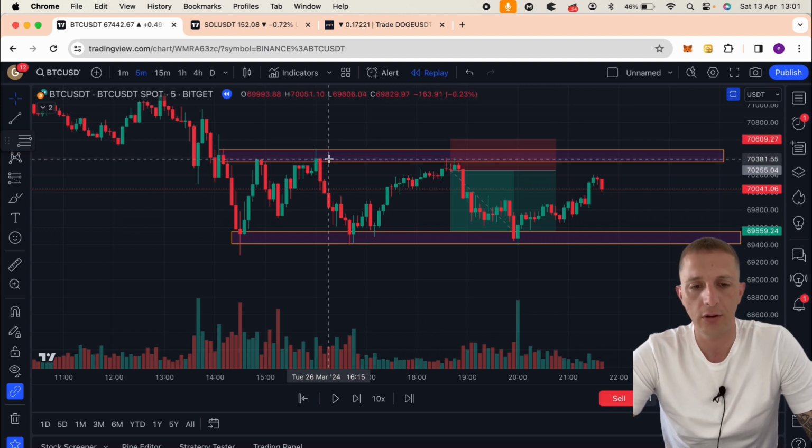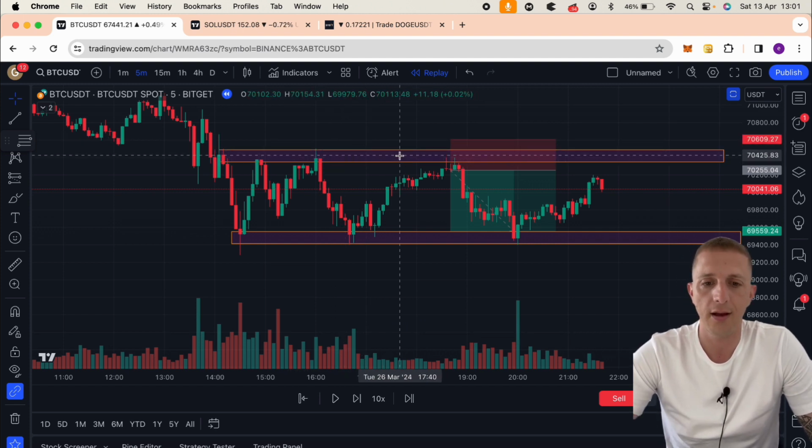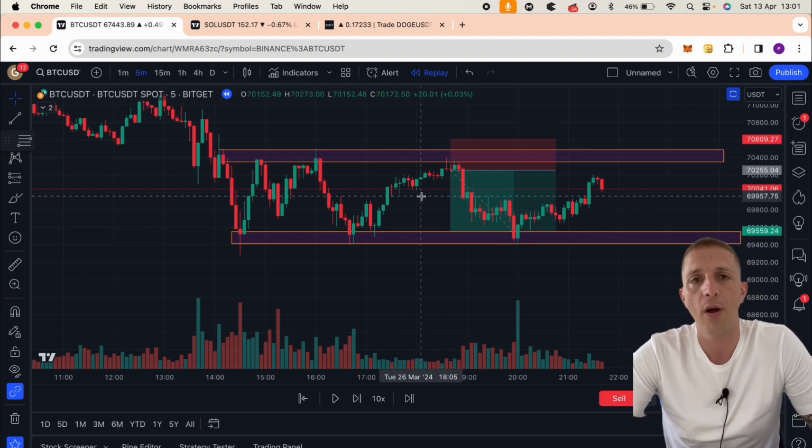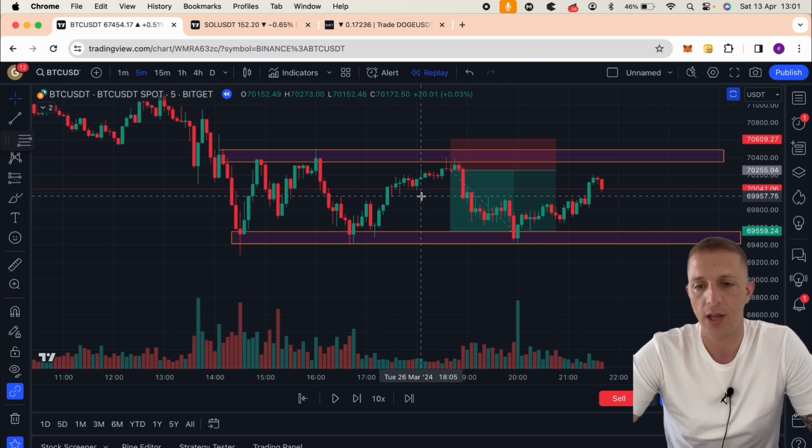You cannot trust this support or resistance too much in the 1-minute chart, because it's not strong enough.